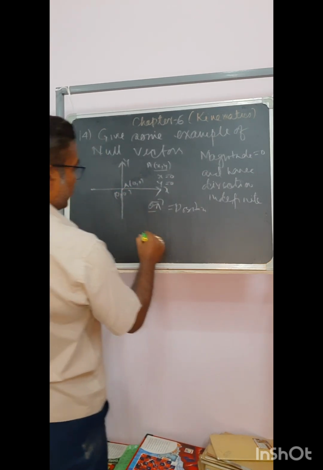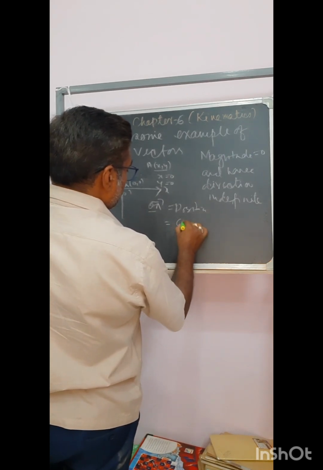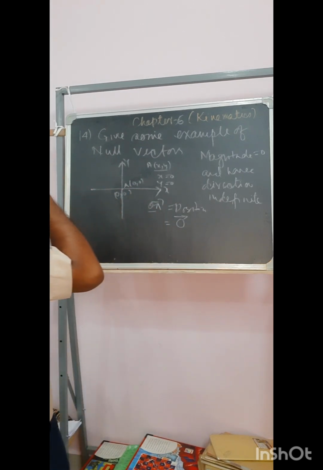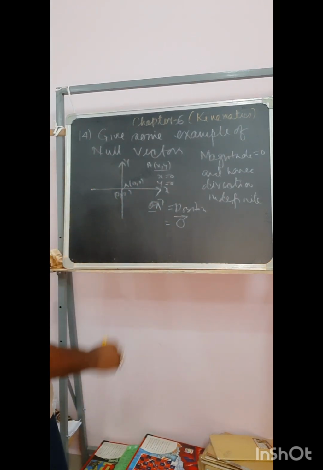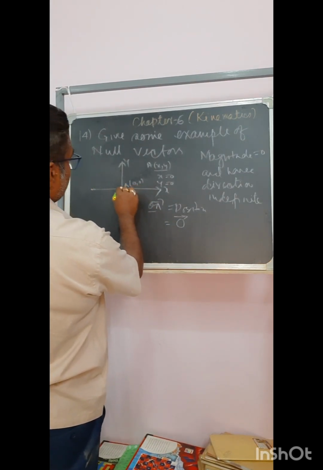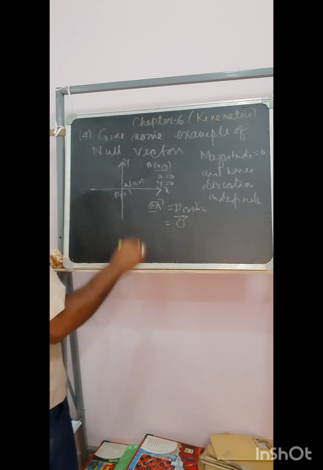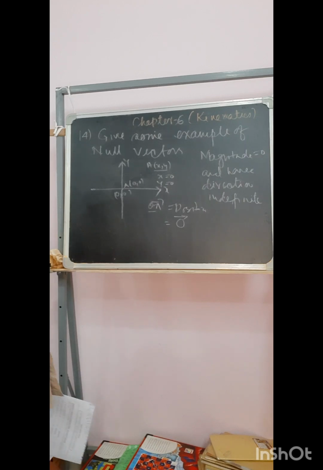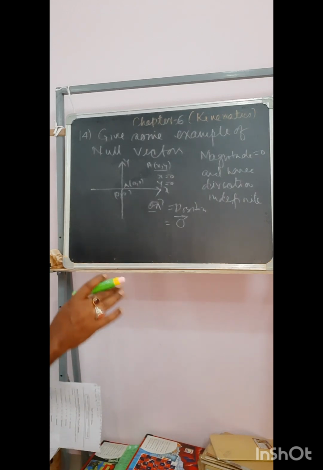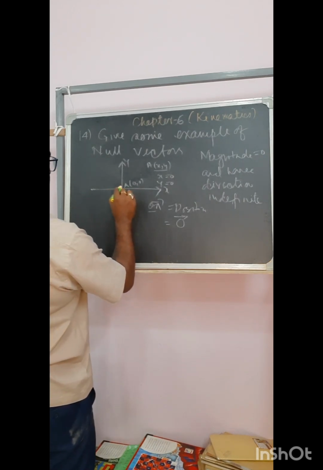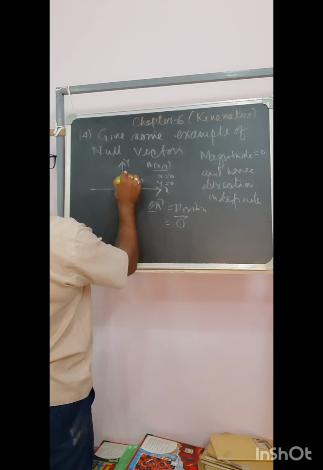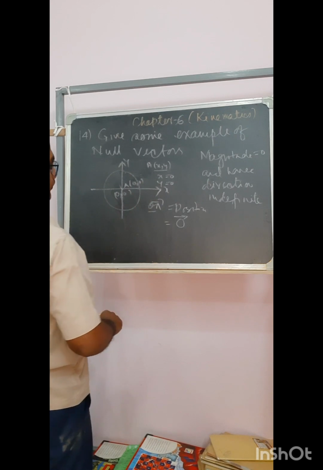Then OA will become a null vector, which has dimension 0 and some direction, but once it is merging this way on a point, there is no significant direction I can tell. When it is starting from O, it can move in any direction in 360 degrees.